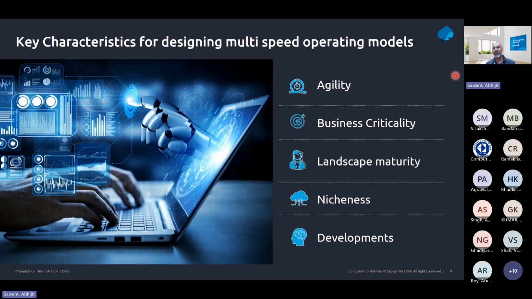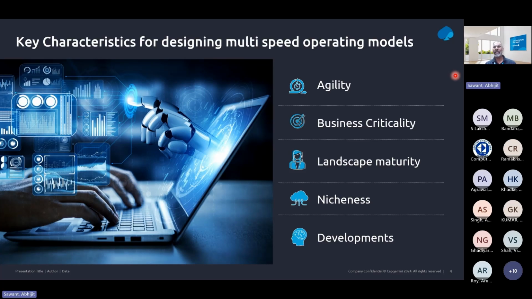Of course, some bits and pieces of these options from the catalog can be used in the traditional ways as well. But this gives you a mechanism to fit the entire application portfolio into one of the catalog items or the other.